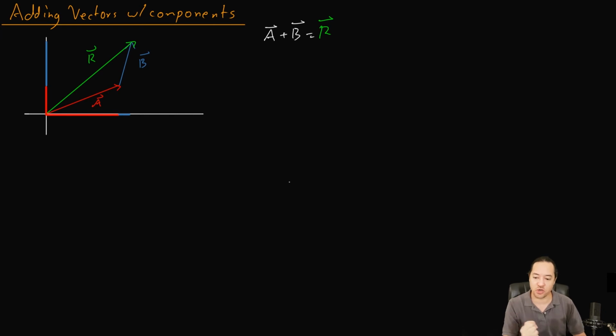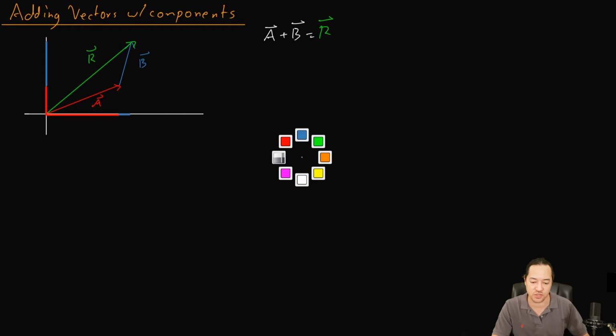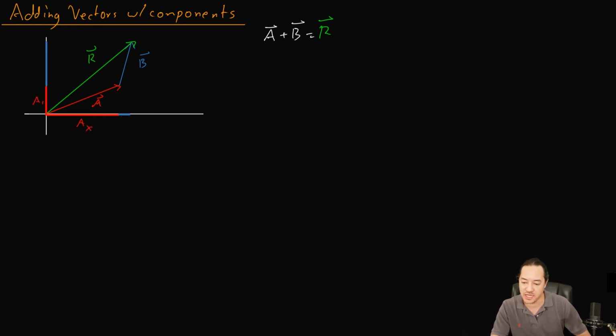Okay, so what I've drawn here is the chain method showing a vector A plus vector B becoming this resultant vector here in green. And what I've also drawn underneath it is A sub x and here is A sub y. And then I've essentially added on B sub x onto this length and also B sub y onto that length.